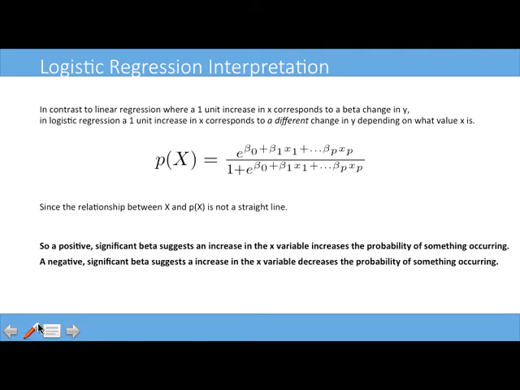Conversely, if the beta was negative and statistically significant, then an increase in the x value will decrease the probability of something happening. And we'll see that more concretely when we run the model on the Titanic data set. Cool. Any questions about that?